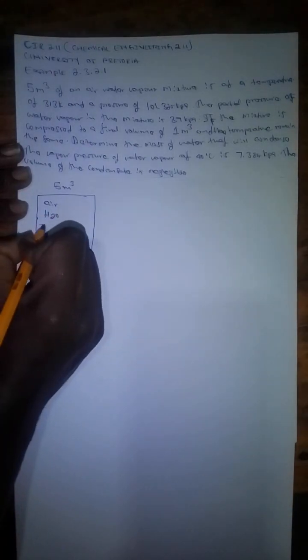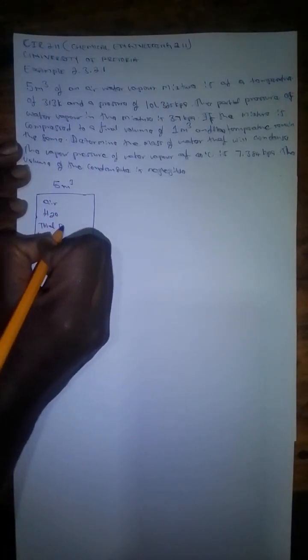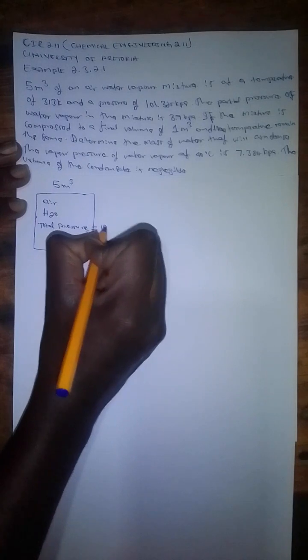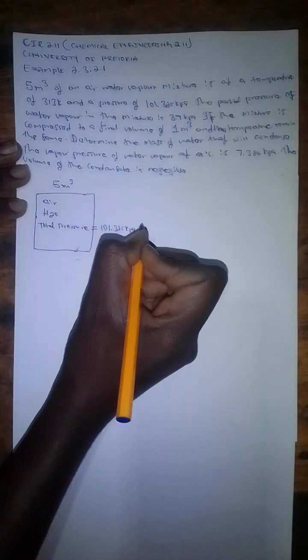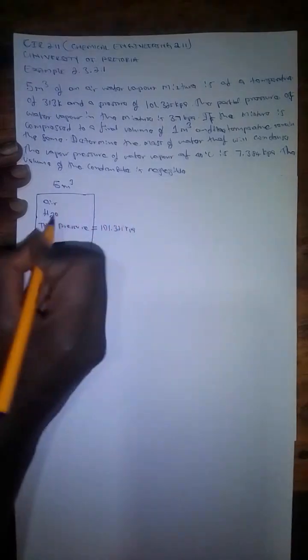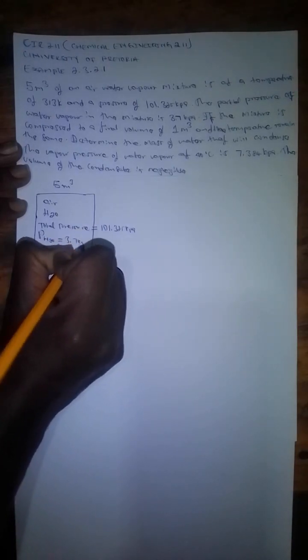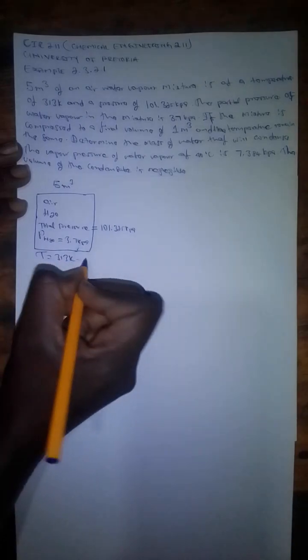And the total pressure is actually 101.325 kilopascals, right? And the partial pressure of H2O, that is the water vapor, is equal to 3.7 kilopascals, and our temperature is actually 313 Kelvin.